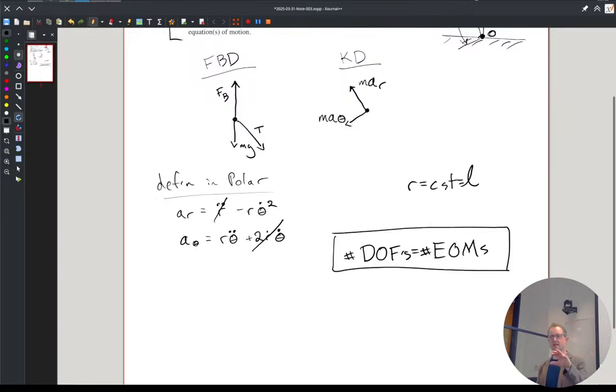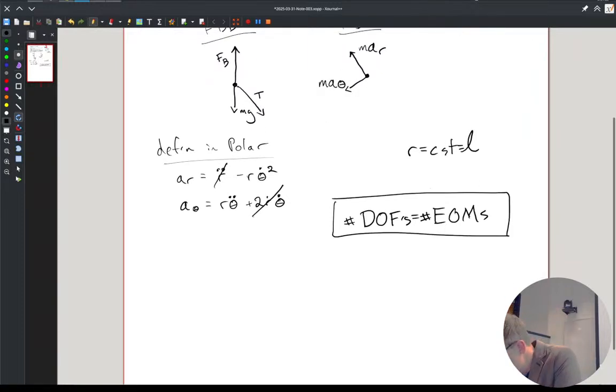But you're right in the sense that there's still going to be 2 equations. We still have a vector equation and we're saying F equals ma. We're still going to have an r equation and a theta equation. Actually, let's just plug this in. m times negative r theta dot squared. This is my e_r components and my e_theta components.